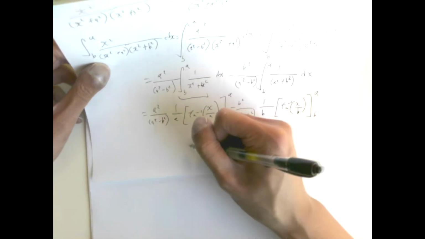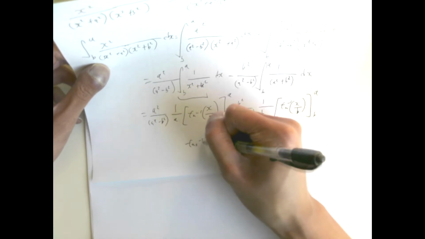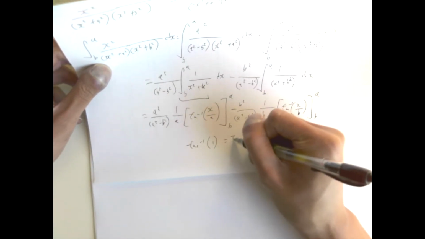And what is arctangent of 1? It's going to be pi on 4 radians.